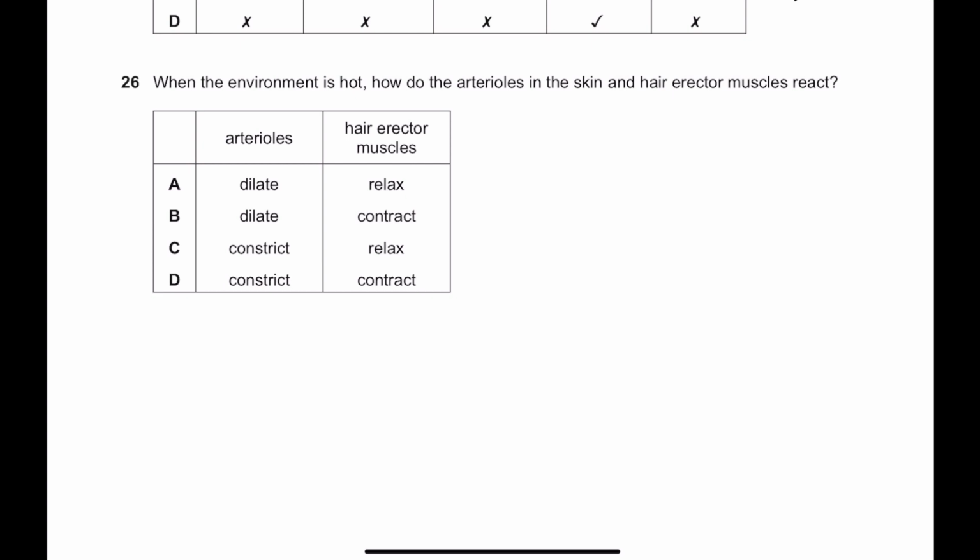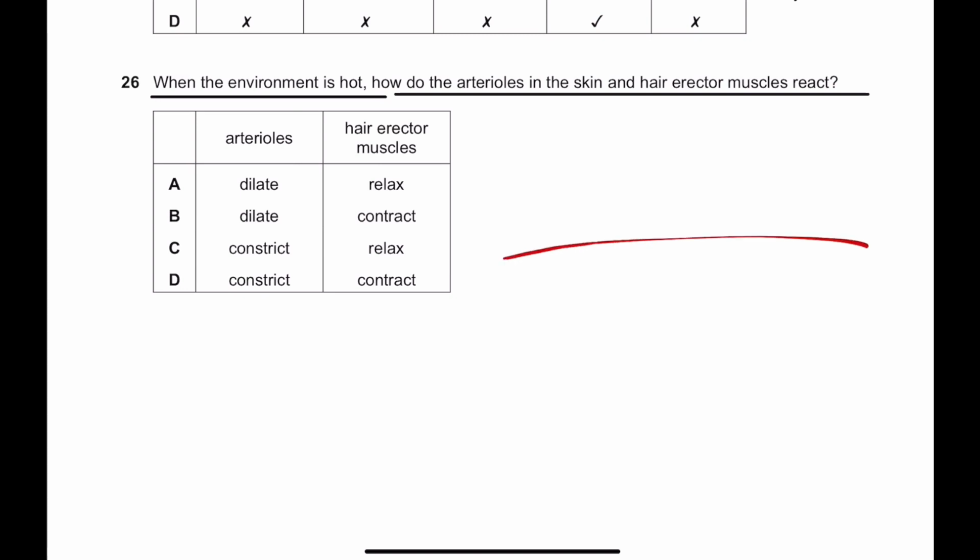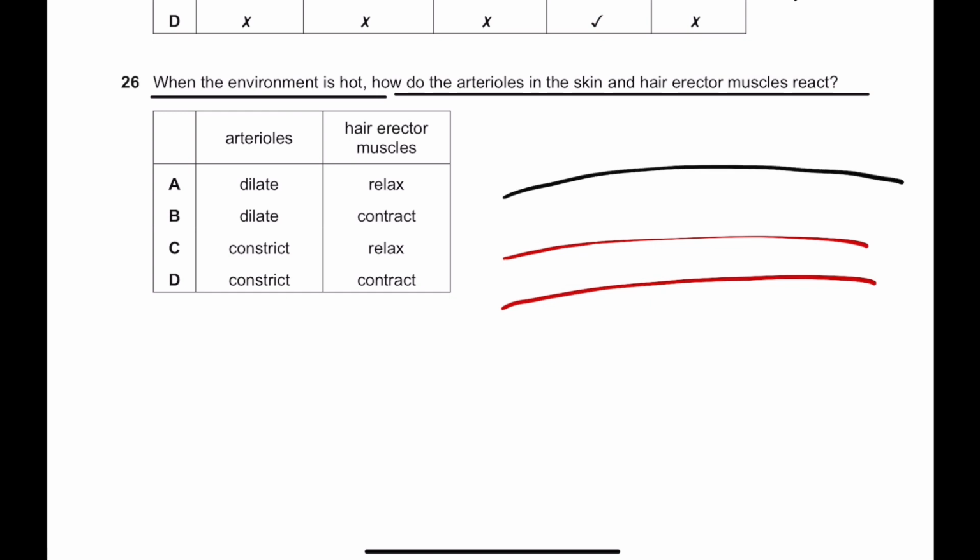Number 26. When the environment is hot, how do the arterioles in the skin and hair erector muscles react? So, when you're hot, the blood vessels under your skin want to get rid of this heat energy in the body.